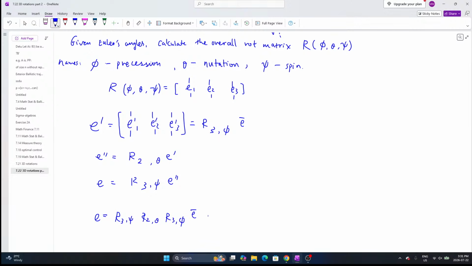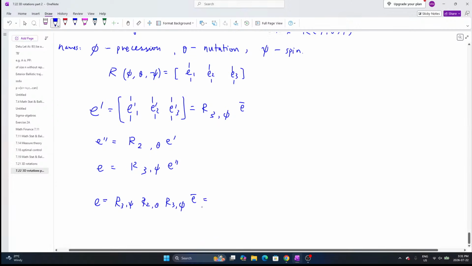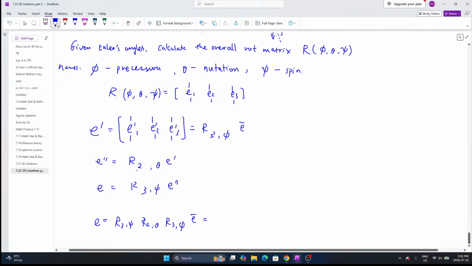So it's just a matter of matrix multiplication now. Oh no, not R2 theta, R1, my goodness, I'm silly. This is 1, okay? And now you can use all the matrices derived in the first stream, in part 1.